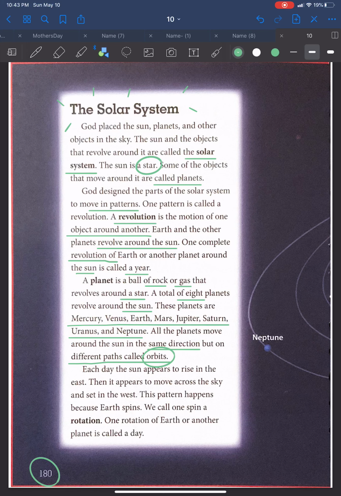Each day the sun appears to rise in the east, and then it moves across the sky and sets in the west. This particular pattern happens because Earth is not just revolving around the sun, but it is also spinning. We call one spin or one rotation a day. Each one of these rotations is a day.